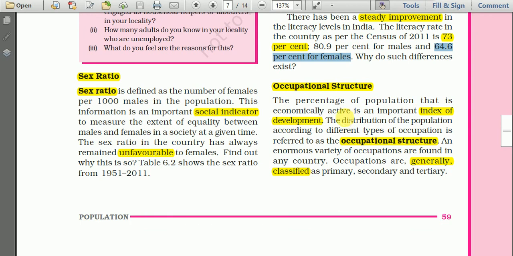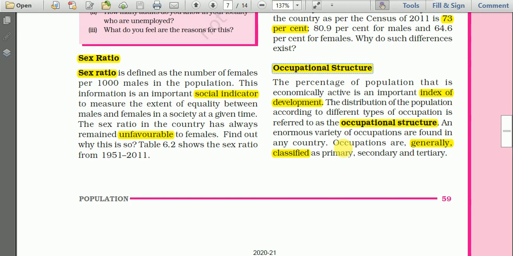Okay, let us proceed. Next, we have occupational structure. The percentage of population that is economically active is an important index of development. How many people are working is an important index of economic development. What do you mean by occupational structure? The distribution of population according to different types of occupation is referred to as occupational structure.